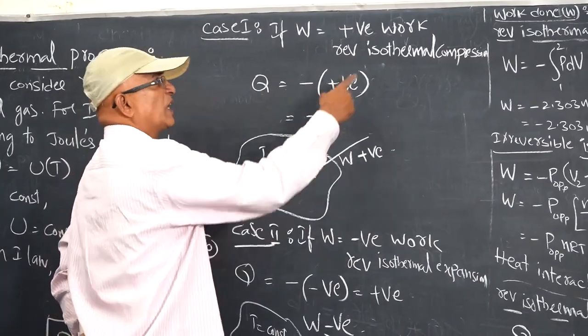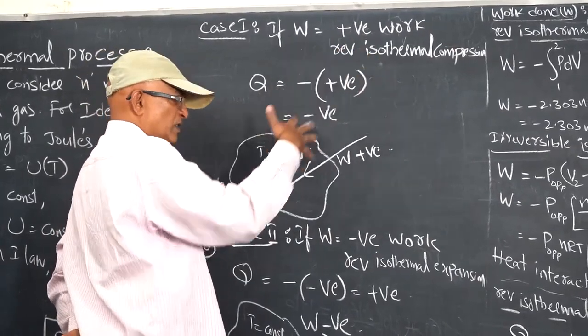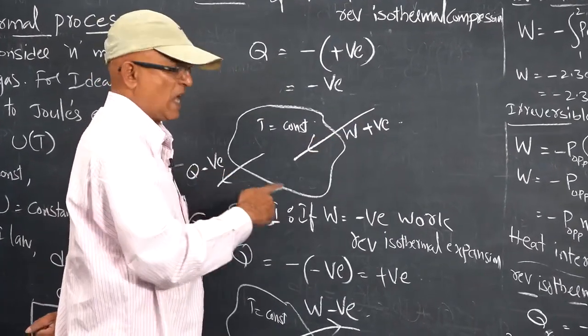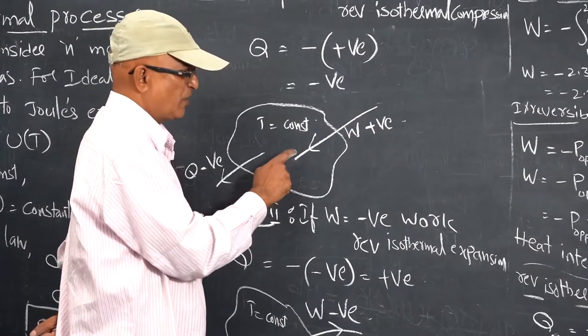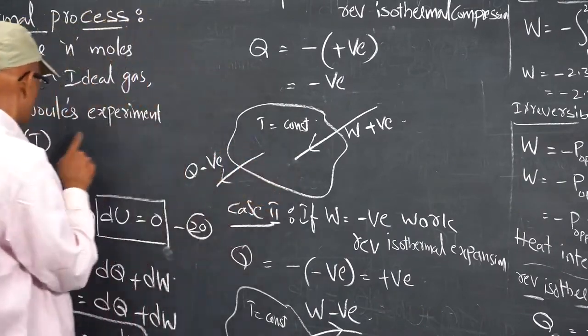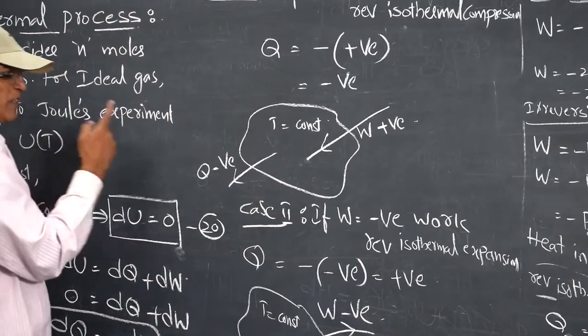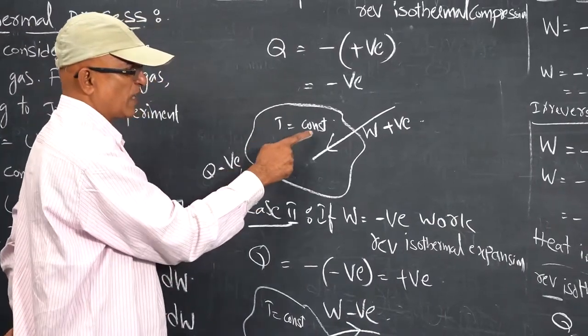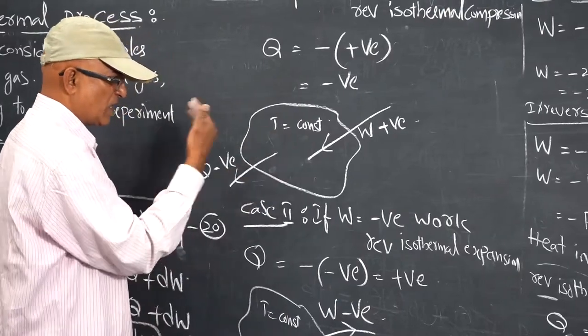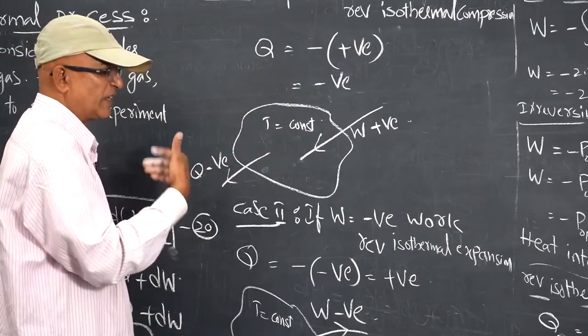System is compressed, so the system is receiving energy in the form of work. As the system receives energy in the form of work, its internal energy increases, as internal energy depends on temperature. Therefore temperature increases, but temperature should be kept constant. So to keep temperature constant, the system starts giving out heat. It starts rejecting heat.